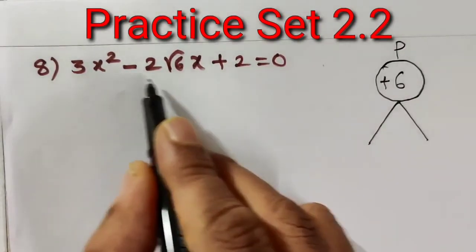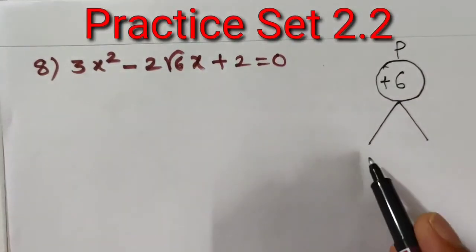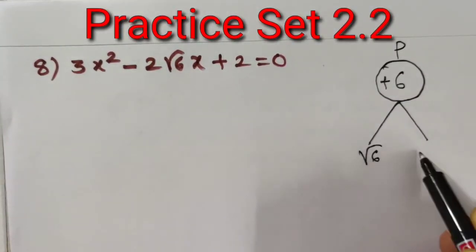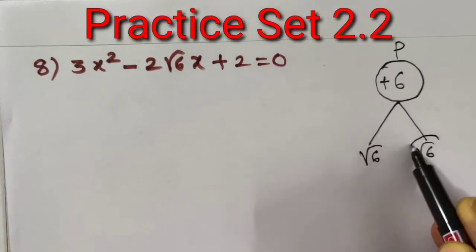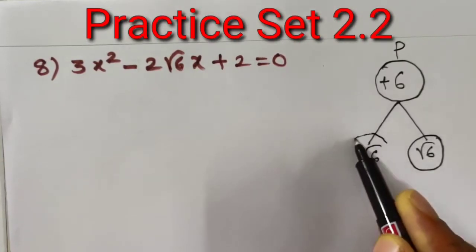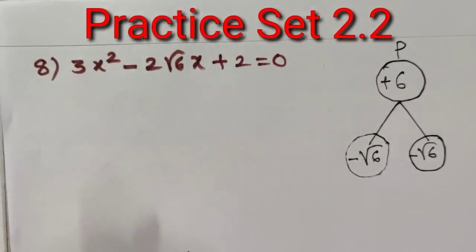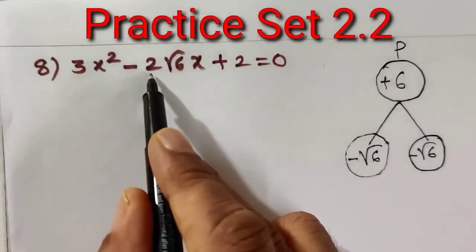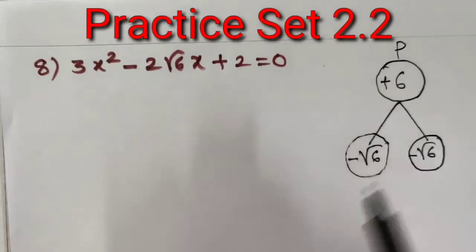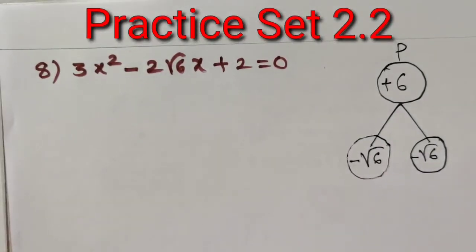Now the middle term is minus 2 root 6. So we get the factors root 6 and root 6, both having the same sign, minus, the sign of the middle term. That means the sum of these two is equal to 2 root 6, and the product of these two is equal to 6. Now write these factors.